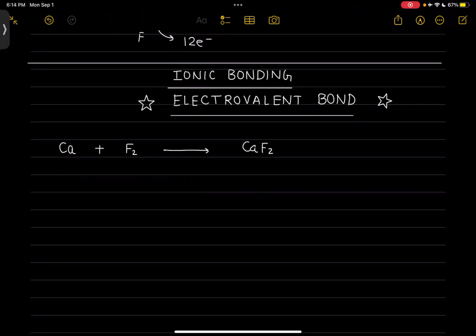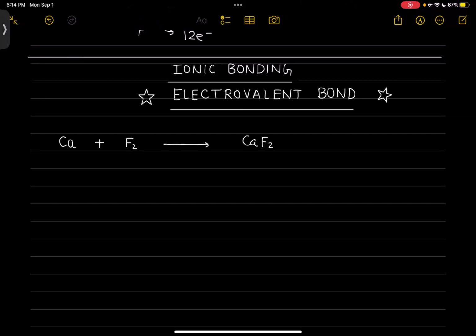So how you are going to write it? 20 is 2, 8, 8, and 2. Got it? So how many electrons will calcium lose? 2. Yeah, 2, those outermost 2 electrons. Not those 8, right? Not from the inner shell.